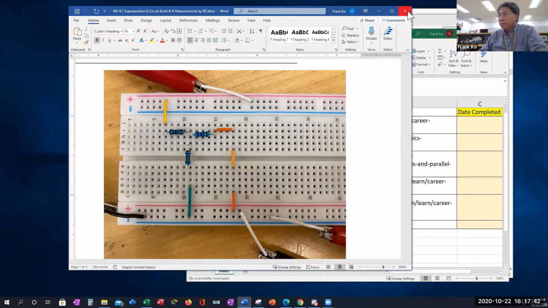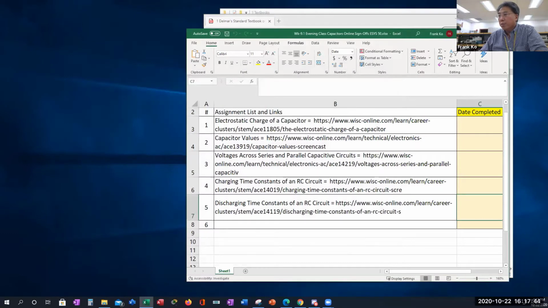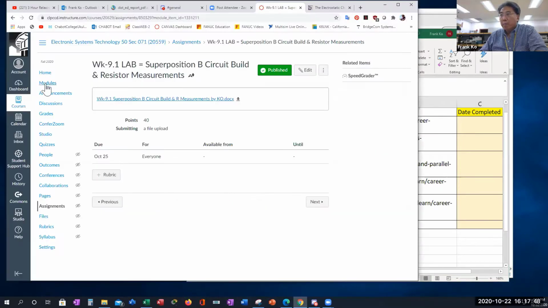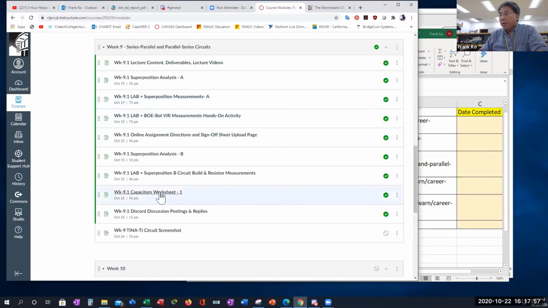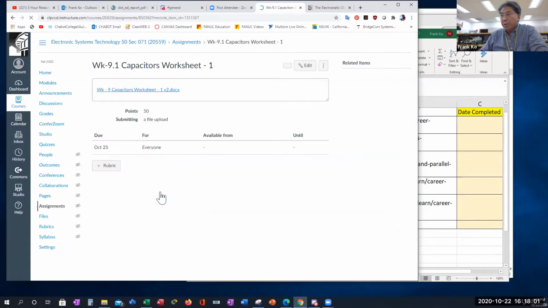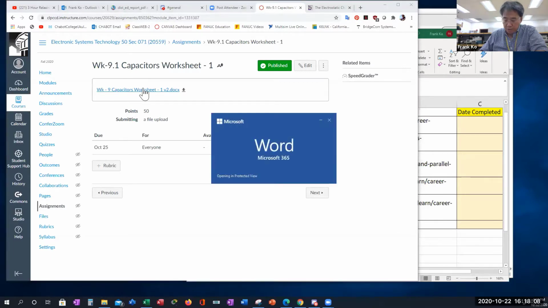Let me go ahead and close this out, and let's go back to Canvas and modules. All right, then we also have a capacitor worksheet, and the capacitor worksheet looks like this. And I'll give you the formulas for this in this afternoon's discussion.